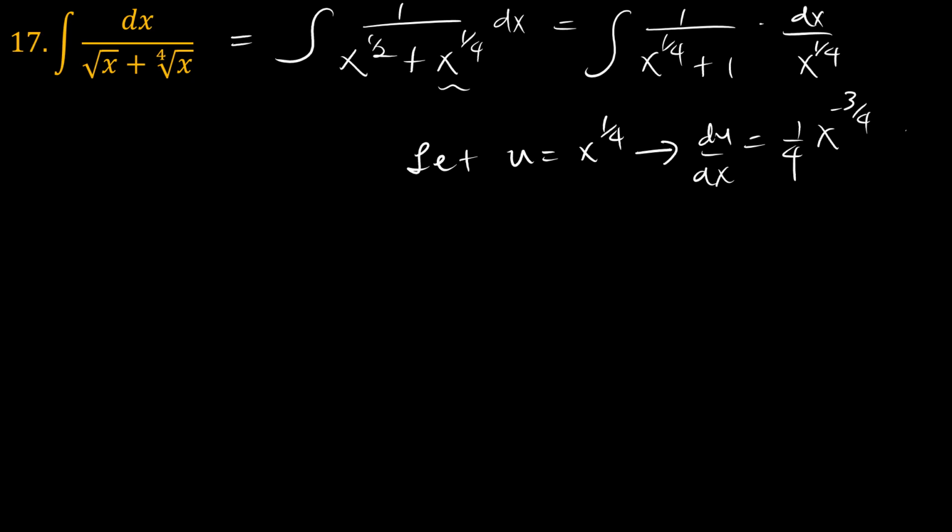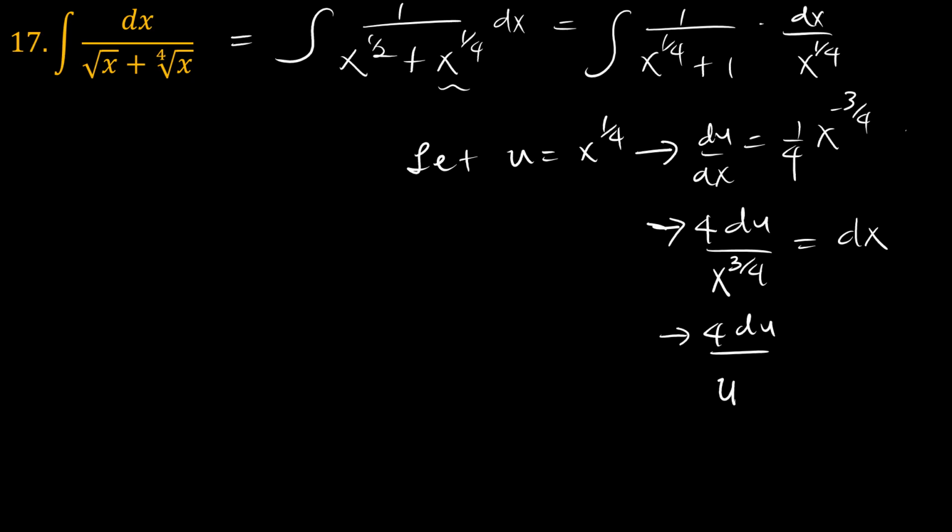And so what that means for us is that du over x to the 3 over 4 is equal to dx, which means that 4 du over u cubed can be substituted for dx.